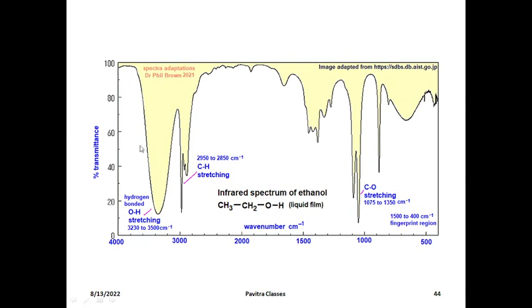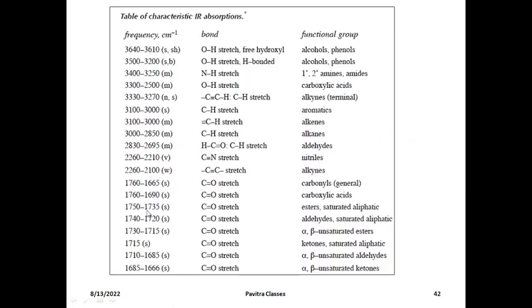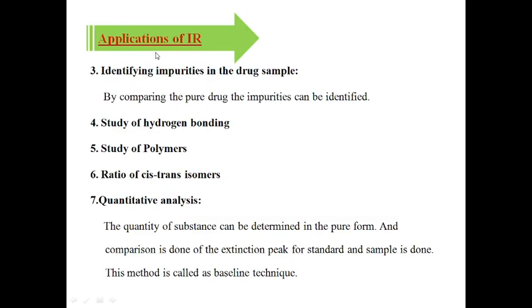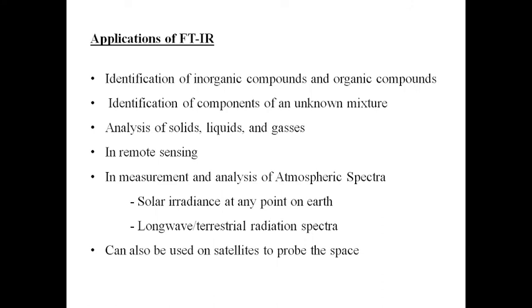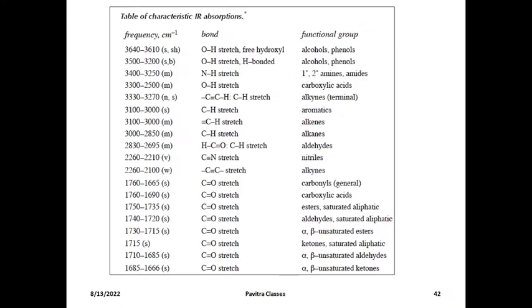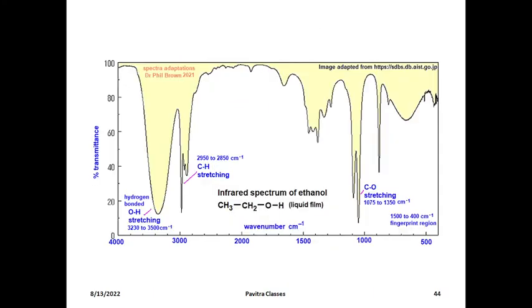This broad peak you can see here is the OH peak. Ethanol is an alcohol, OH stretch 3640 to 3610. You can see here it is in that range, around 3500. If there are some impurities, you can see variation in this range also.